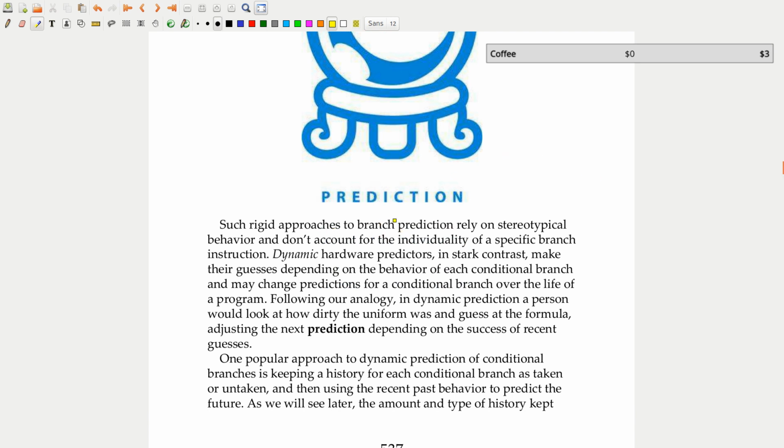Such rigid approaches to branch prediction rely on stereotypical behavior, and they don't account for the individuality of a specific branch instruction. So typically we use something a little more sophisticated. Dynamic hardware predictors, in stark contrast, make their guesses depending on the behavior of each conditional branch, and they may change predictions for a conditional branch over the lifetime of the program.